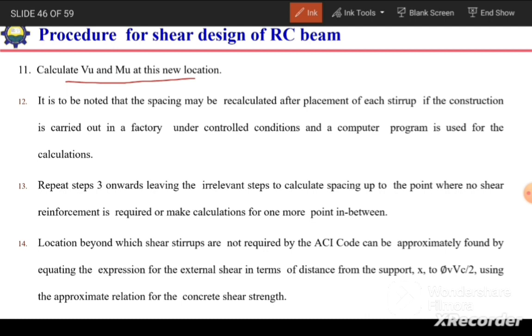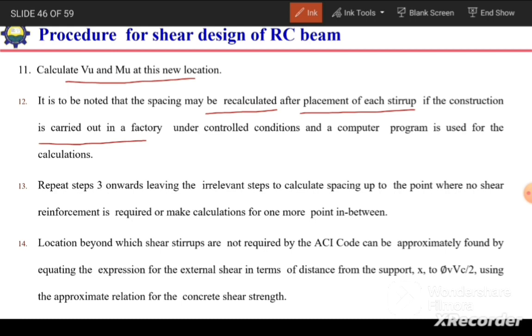It is to be noted that the spacing may be recalculated after placement of each stirrup if the construction is carried out in a factory. If the construction is carried out in a factory, in that case we have controlled conditions, and we can use computer programs to calculate the spacing of the stirrups, and that member is replicated many times in the factory, so we can have the benefit of economy if we recalculate the spacing after each stirrup.